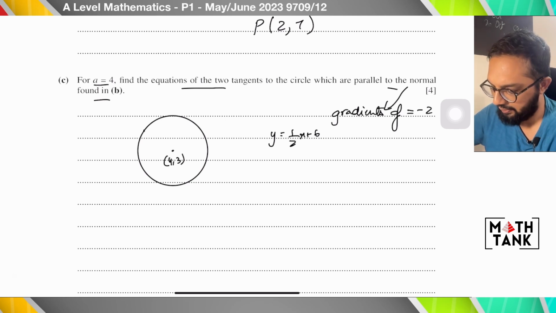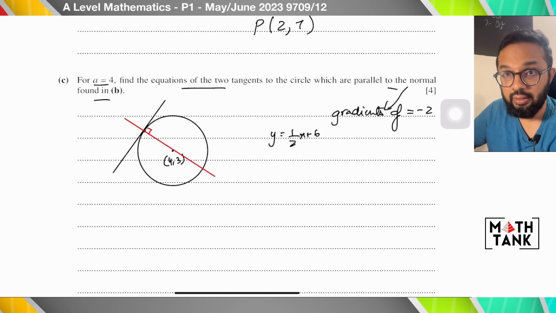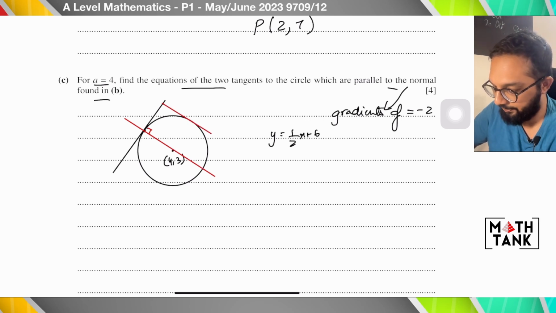So 2 comma 7 should be somewhere here. What I've done so far is create a normal here, and the normal is definitely passing through the center because it's creating a 90-degree angle. Now what I want to find in this question is the equation of two tangents that are parallel to this normal.